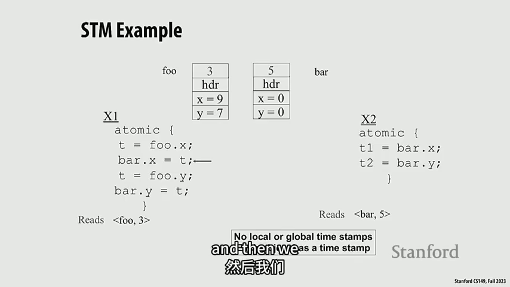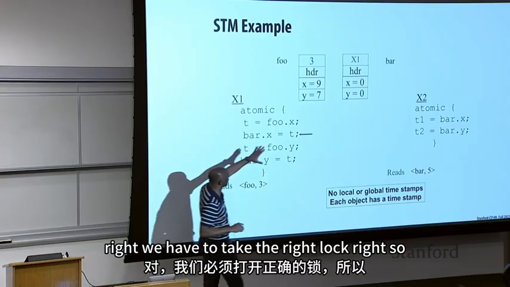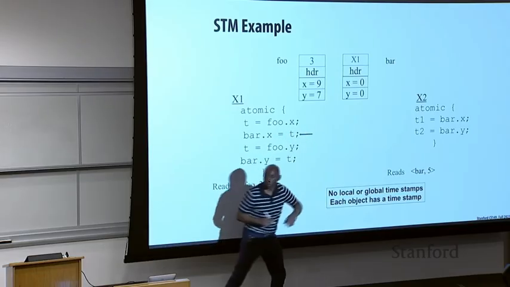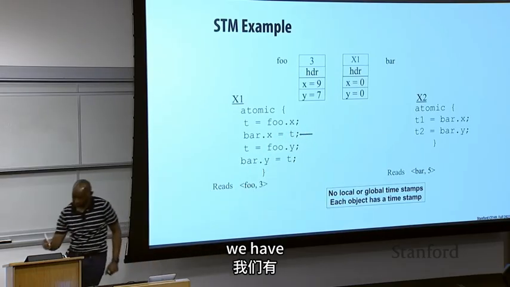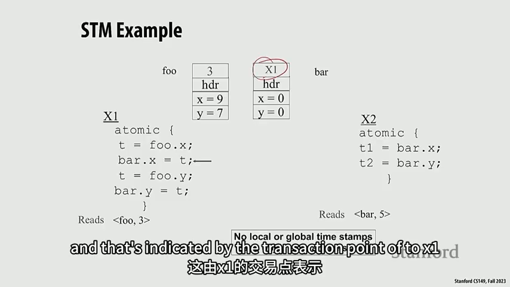Okay, and then we get a write to bar. And so what has to happen? We have to take the write lock, and that's indicated by the transaction pointer to x1.